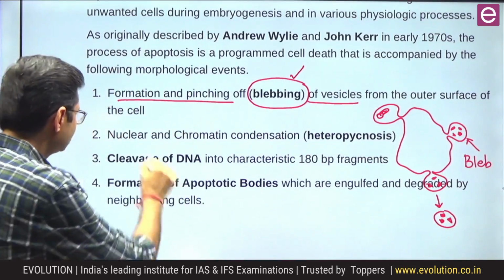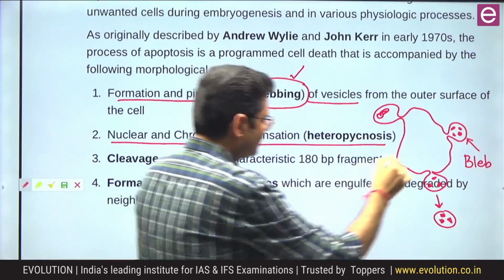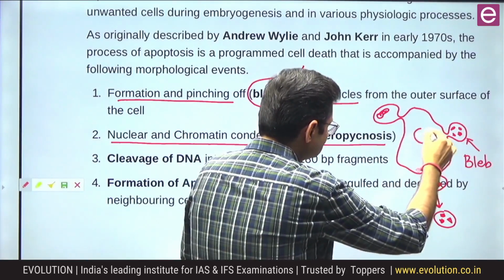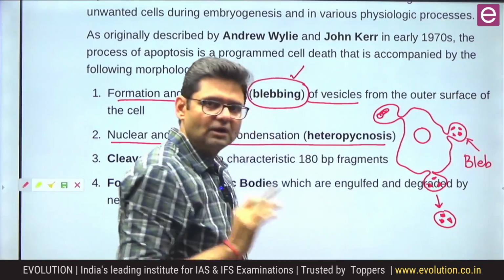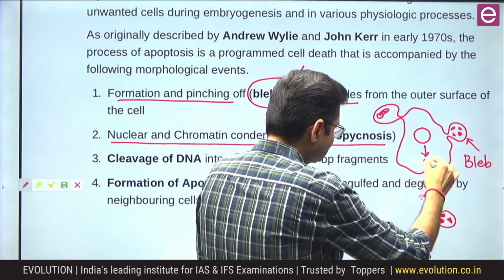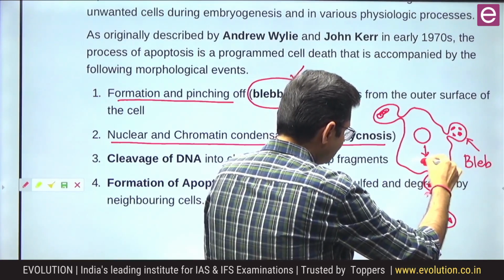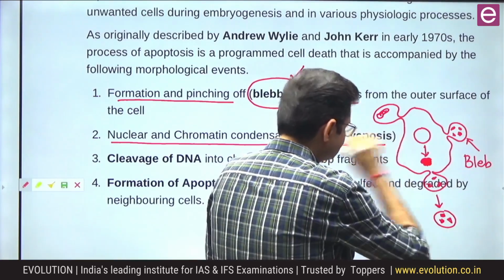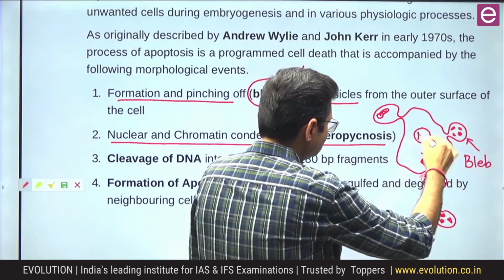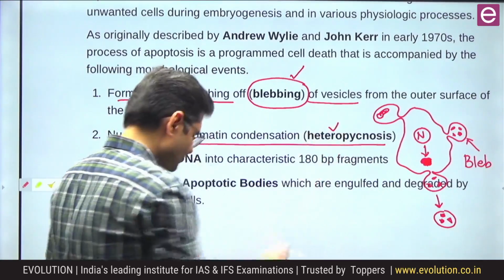Second, the nucleus and chromatin go through condensation. Initially the nucleus will be normal, but very soon the nucleus will become a dark and condensed structure like this. Over a period of time, the nucleus will go through condensation.